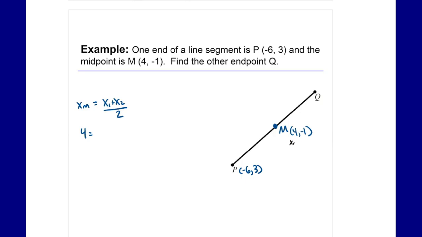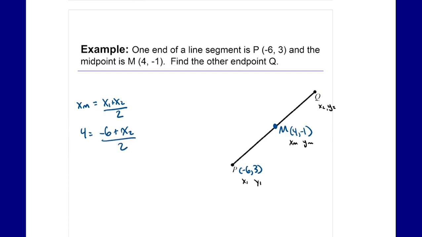If we go xm, ym, x1, y1, and Q will have an x2, y2. So xm is 4, and that is going to equal, let's plug in our values. I know x1, which is -6. I don't know x2, so I'm going to leave it as x2 divided by 2.